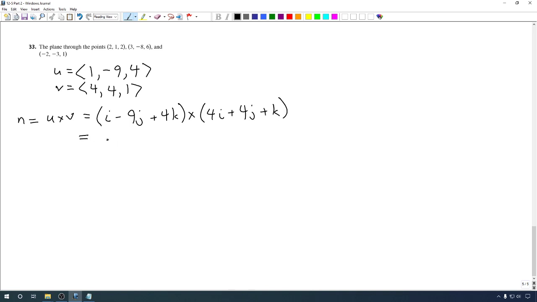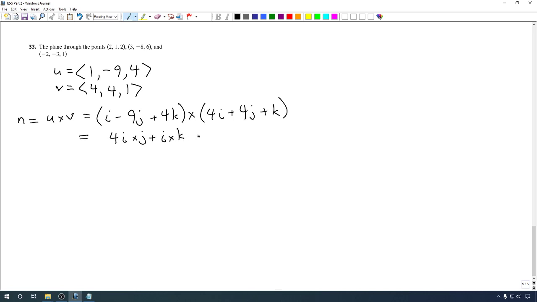We expand everything out. Again, i crossed with the 4i goes away, so we'll have 4i crossed with j, and we have i crossed with k.